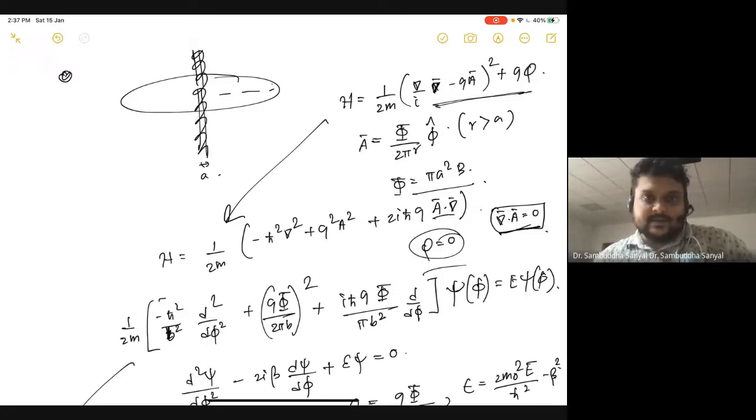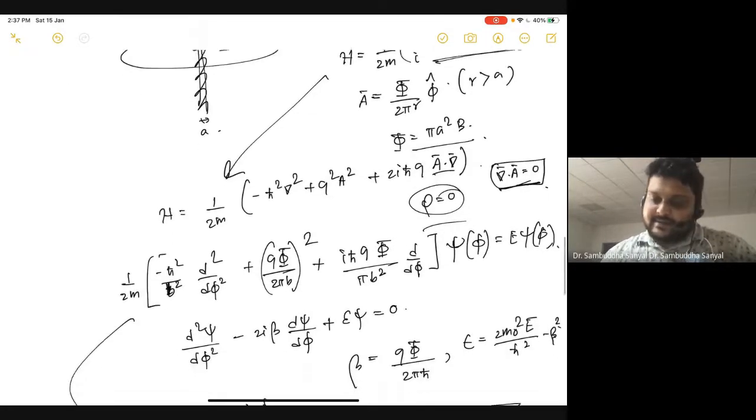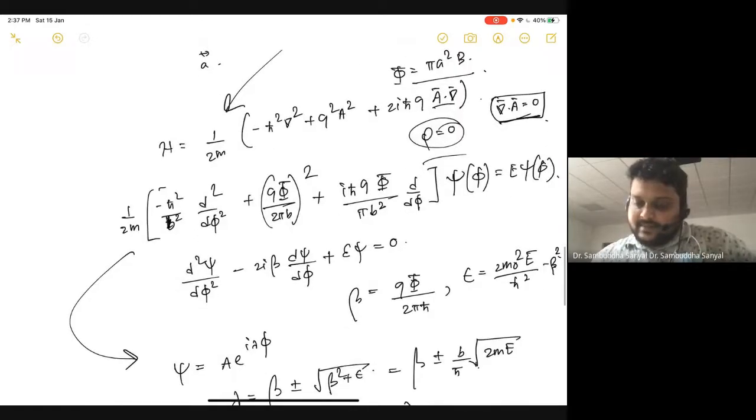Now this is the same algebra we discussed earlier. At this point I am writing this in cylindrical coordinates. Grad square becomes this d phi square. I have squared the A, and this A becomes this phi. There is only one coordinate phi, right? It's confined on this ring. Now I am massaging this equation a bit to make it clean looking.